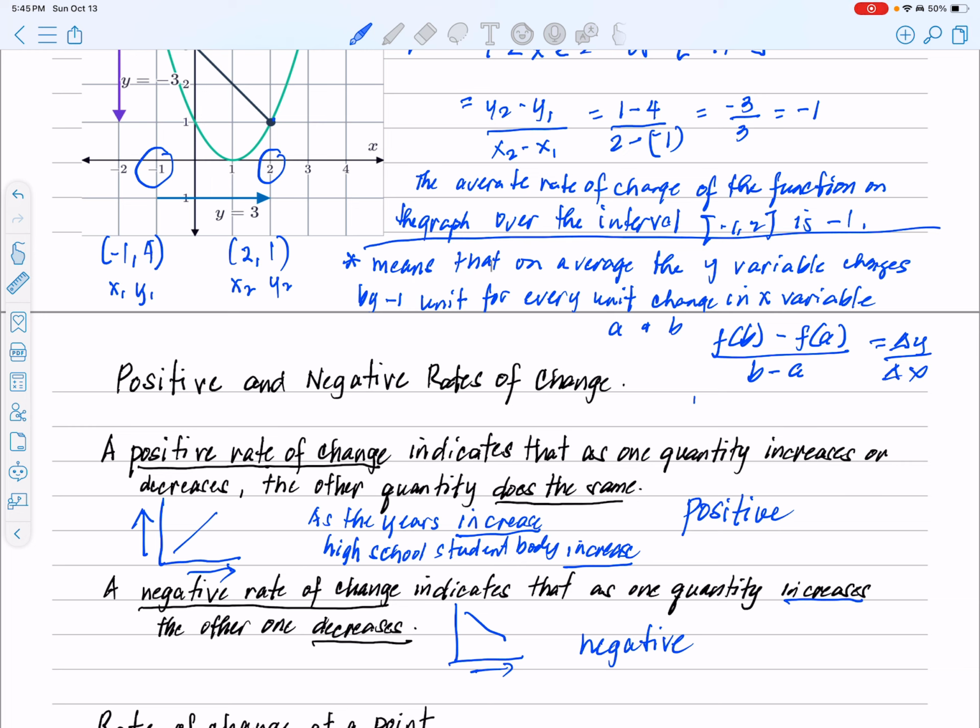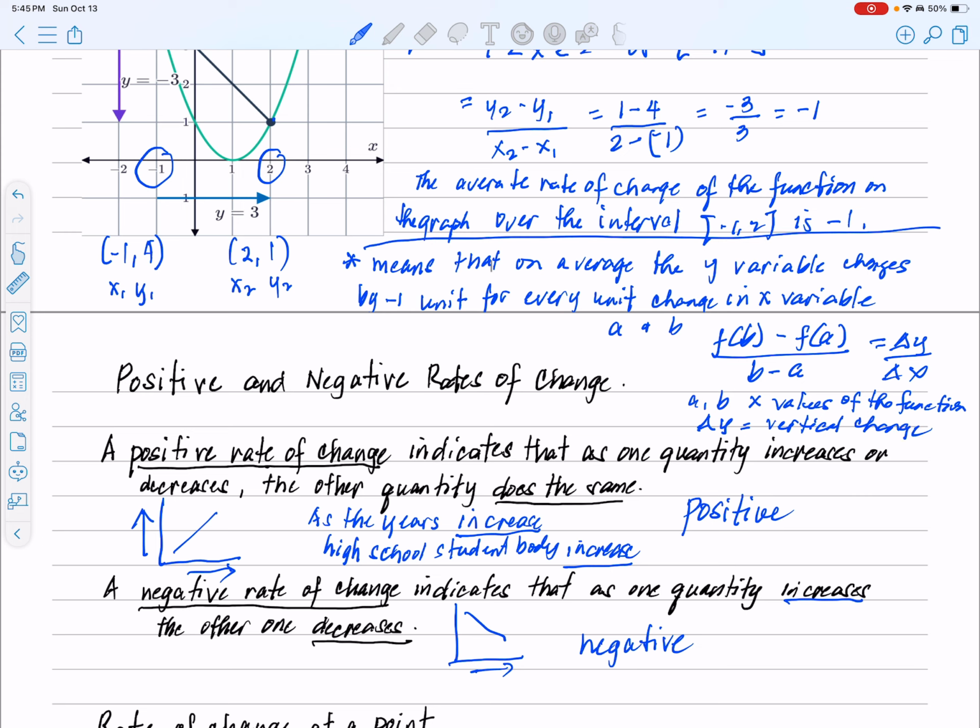So A and B are our x values of the function, and change in y is the vertical change, because I'm going to use this in that problem.